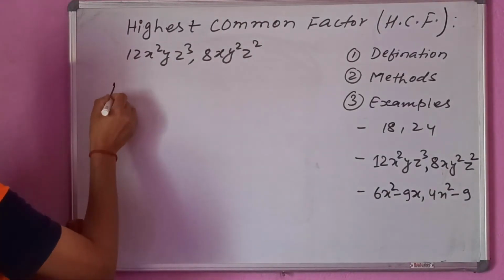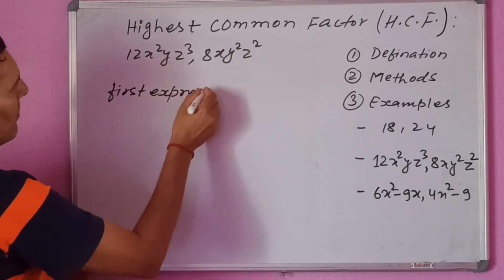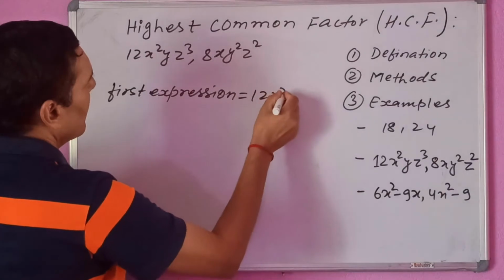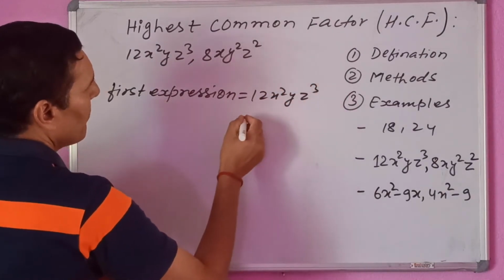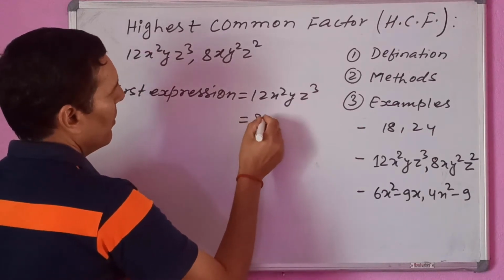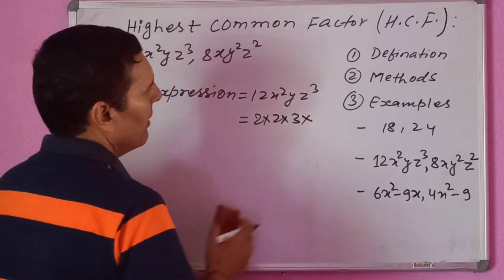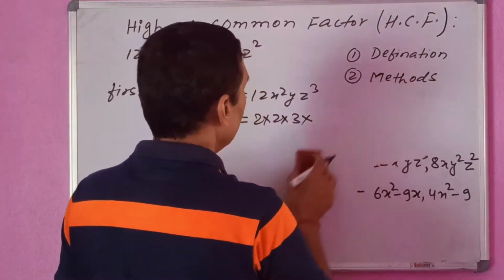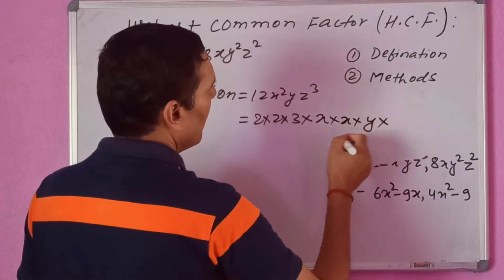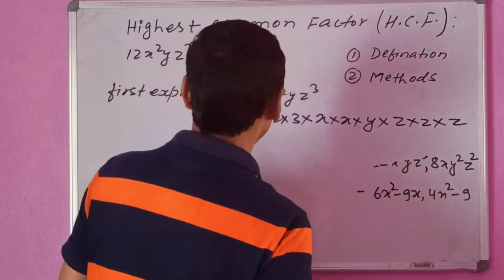First expression, it is 12x square y z cube. Factors of 12: 2 into 2 into 3, and x square is x into x, y, and z cube is z into z into z.